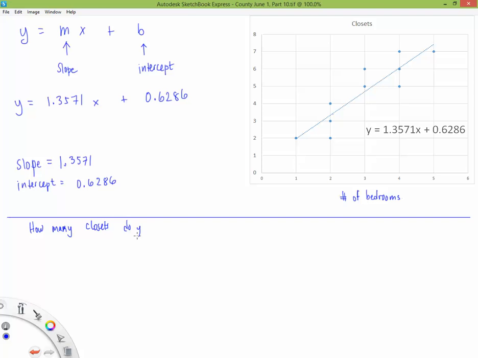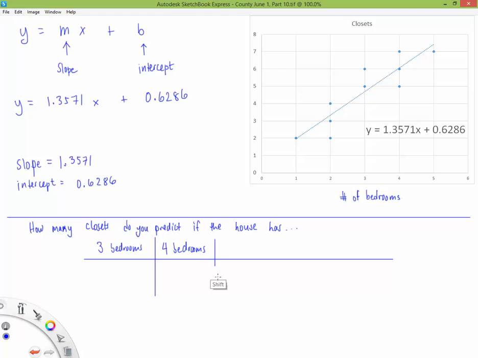How many closets do you predict if the house has 3 bedrooms? 4 bedrooms. 5 bedrooms. And so for 4, we already got the answer, and what do we say? 6.0576, is that what we said? I already forget.